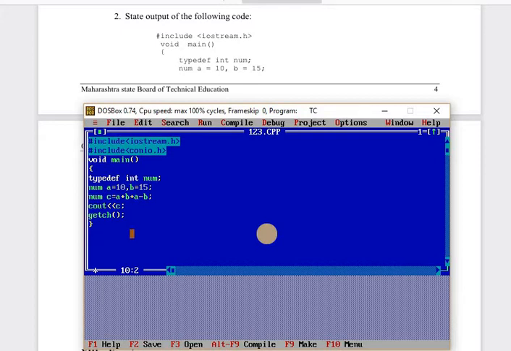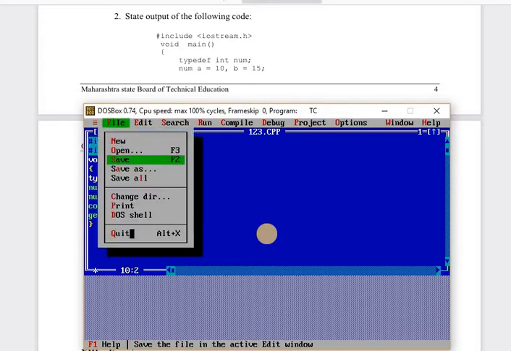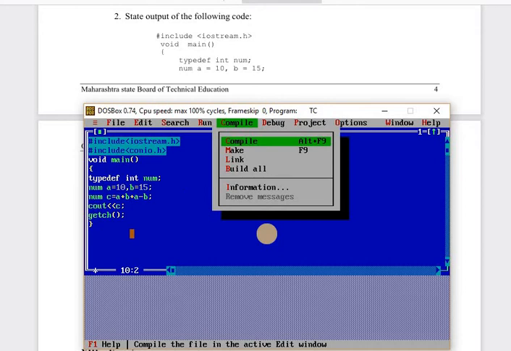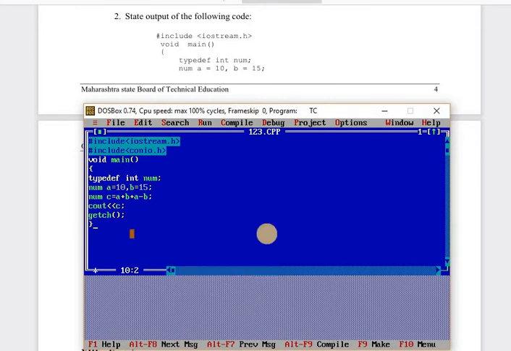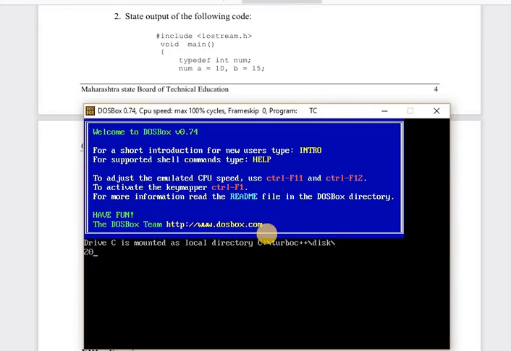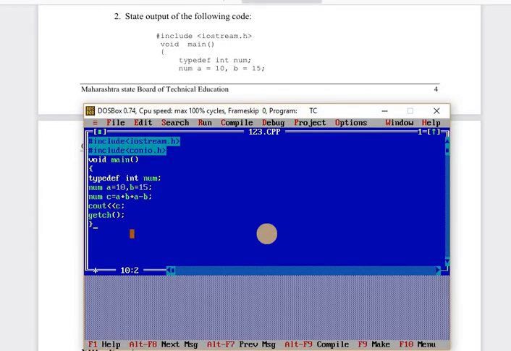Now we will see the output. To execute this program, first we have to compile this program. So compile. Okay, it is successfully compiled. Now run this. So the output of this program is 20. Why 20? Because a is equal to 10, b is equal to 15.